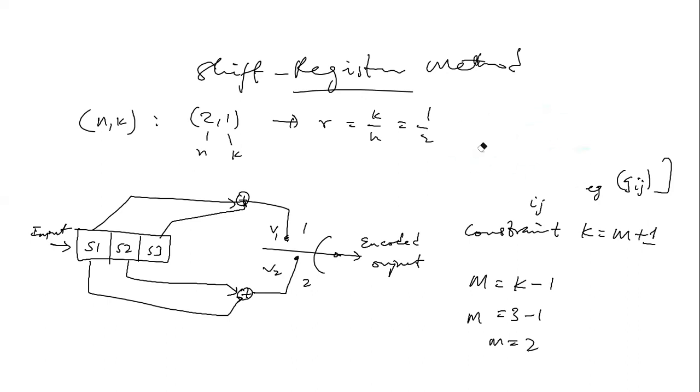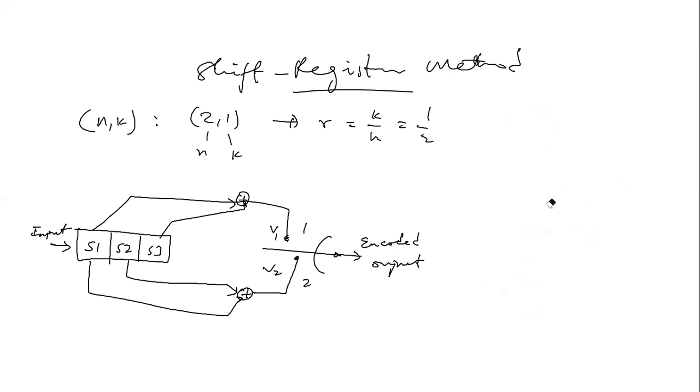Then, with this, we can now provide a little analysis here. If the original state, for instance, is all zeros, let's assume we start with all zeros: 0, 0, 0. This is the original state.